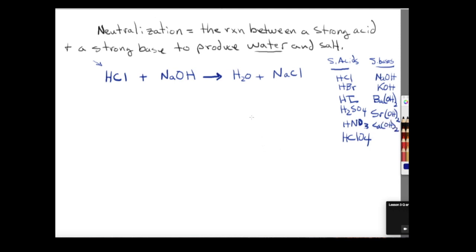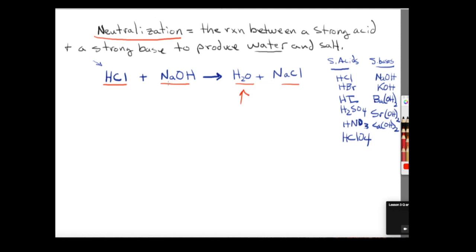All right, now when we talk about neutralization, why are these called neutralization reactions? Well, you have the definition here, and you're looking at an equation. Where the word neutral comes from that characterizes this reaction, a strong acid plus a strong base to make water and a salt, is the fact that when you're done with the reaction, there are no reactants left, right?